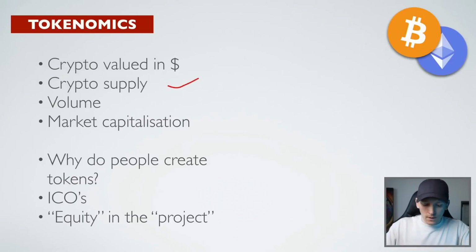For example, ICOs, or initial coin offerings. That is when someone has an idea for a project and doesn't have any money. And so what they say to investors is, give us dollars so that we can spend those dollars to make our idea or our project real and bring it into life.